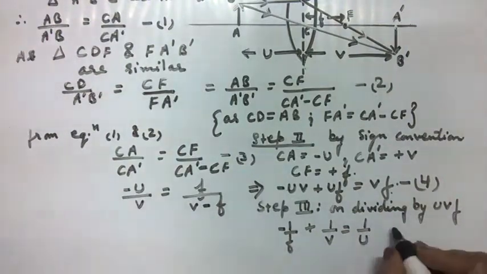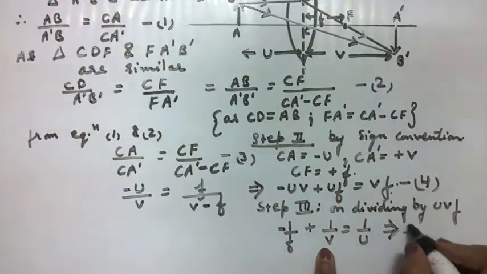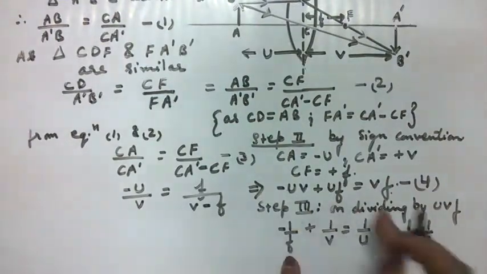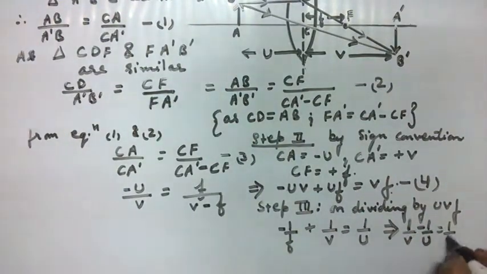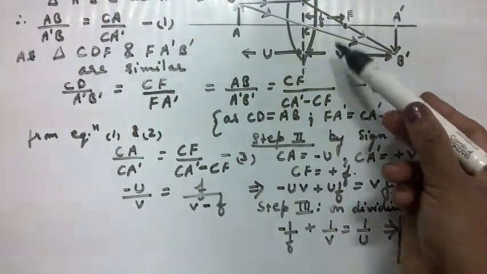This implies that 1 upon v minus 1 upon u equal to 1 by f. This is the thin lens formula for a convex lens when the real image is formed.